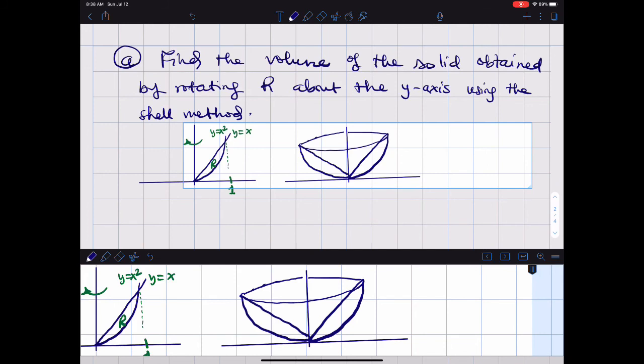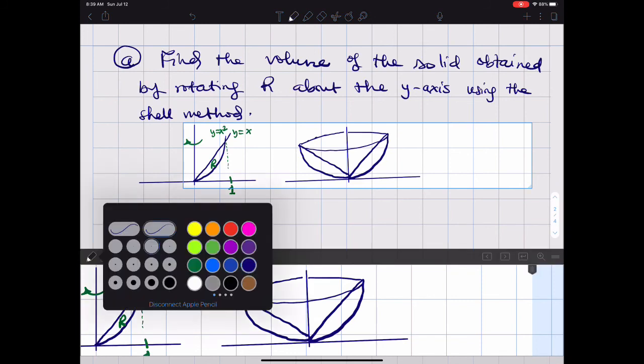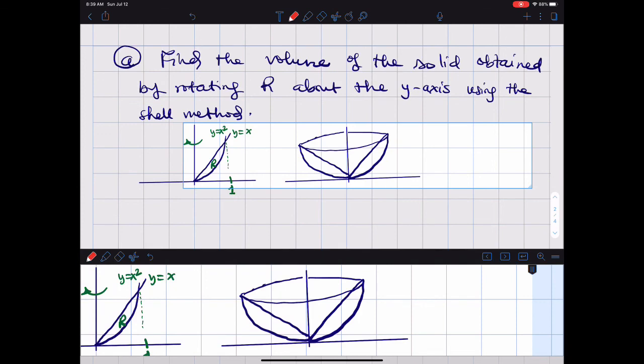So you get this solid. You already see something here, but maybe you don't see something else. I'm going to come back to that. But what I'm going to do now is use the shell method.